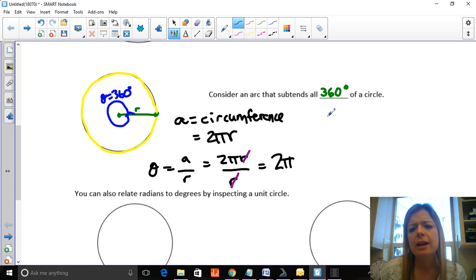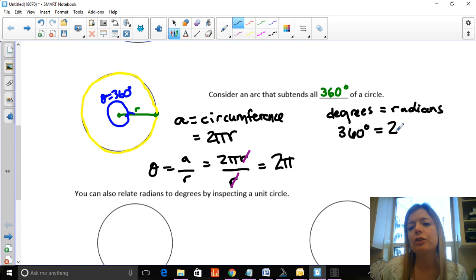So that means if we're comparing degrees to radians, 360 degrees is the same as 2 pi radians. Okay, so therefore pi is actually equal to 180 degrees.